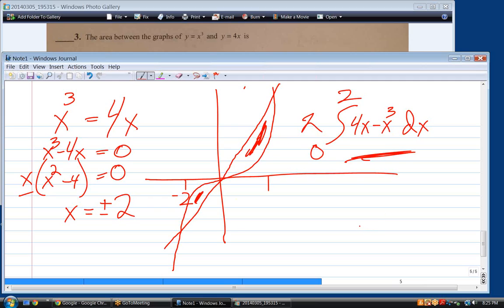So do this: the 2x squared minus 1/4 x fourth. Do the 2, and that would be 8 minus 4.